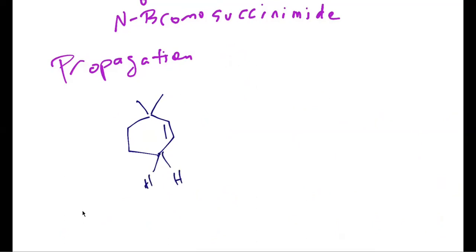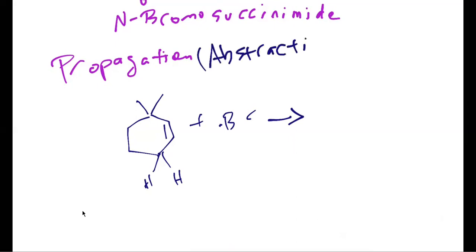So it's going to be that plus Br. And that's going to give me what? And how do I do that abstraction? Remember, in propagation, we do what's called abstraction, which is what? Anybody? Moving the H.